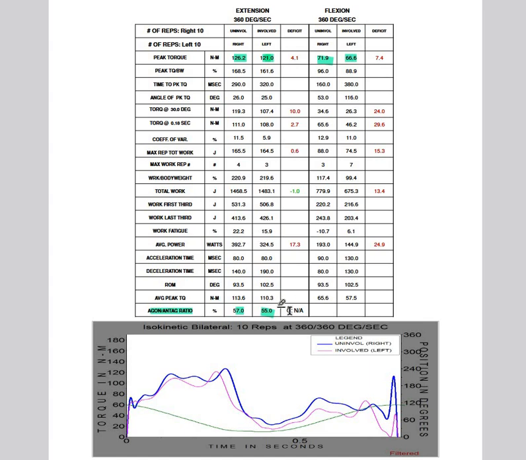Now, this G value here is where we sometimes report an age-matched, gender-matched normative value. You've already been given this in the isokinetic theory session that we did, and those lecture slides are on Brightspace for you to access.